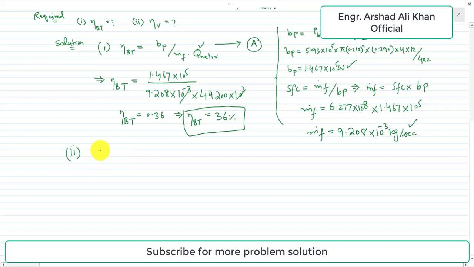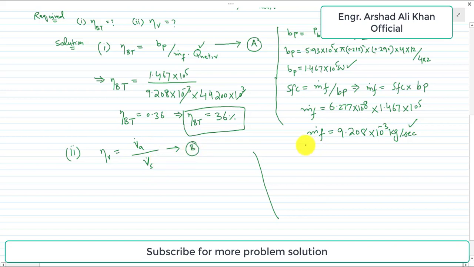The expression for volumetric efficiency is equal to volume flow rate of the air divided by swept volumetric flow rate. Let's suppose this is expression B. Over here, volumetric flow rate of the air and swept volumetric flow rate both are unknown.